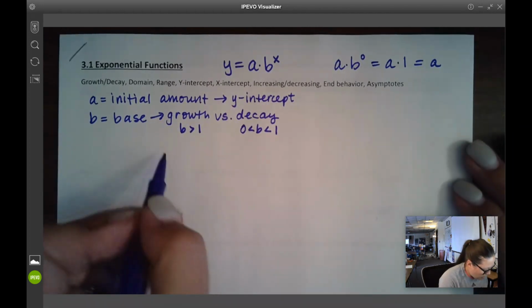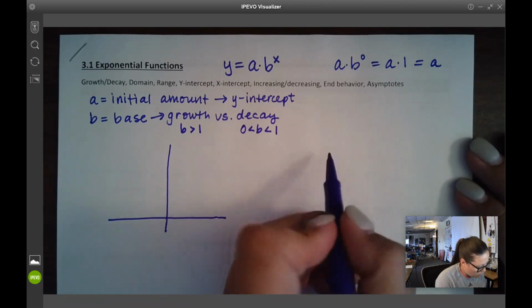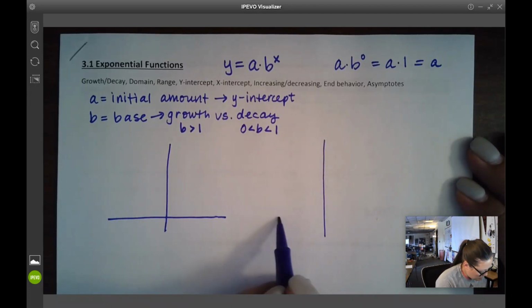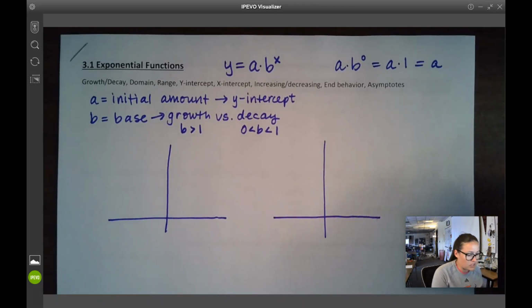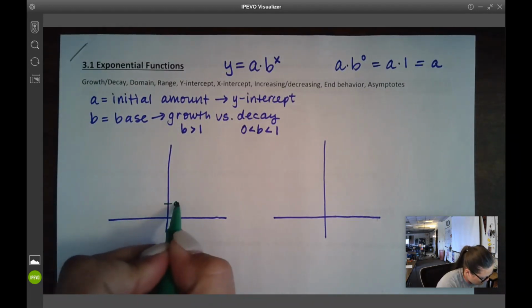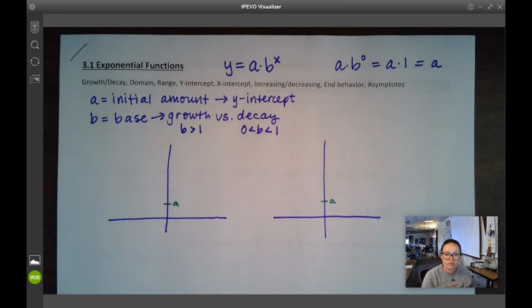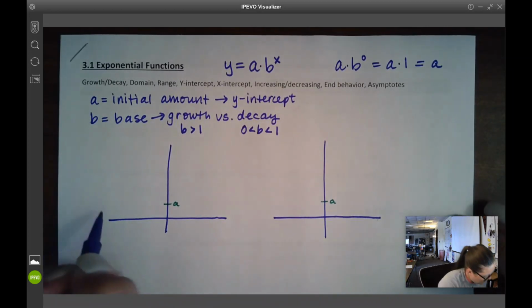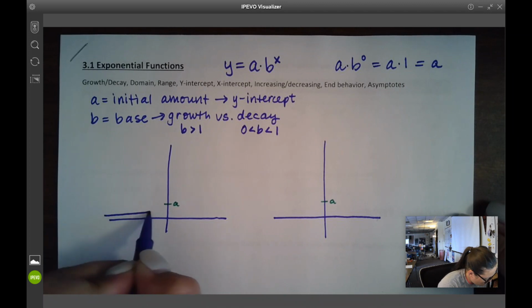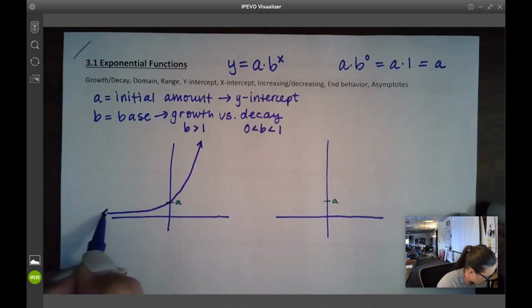Okay, so I'm going to draw two graphs here. One of them is going to be for exponential growth, and one of them is going to be for exponential decay. So right here, I'm just going to mark A. And if I have exponential growth, my graph is going to look like this.